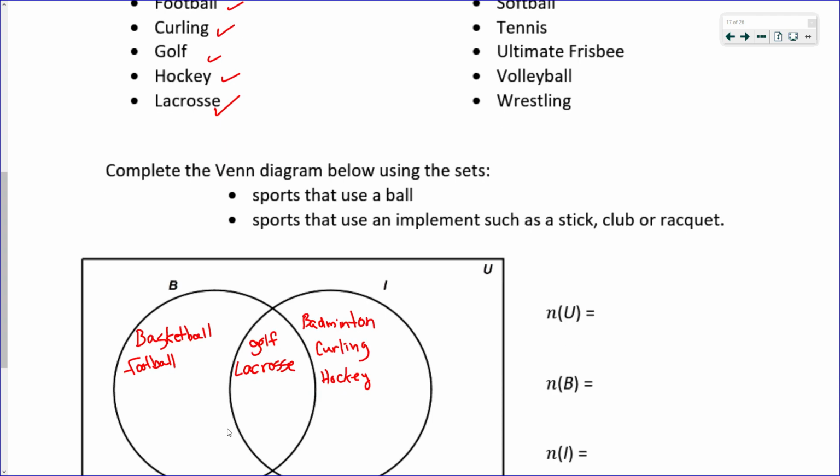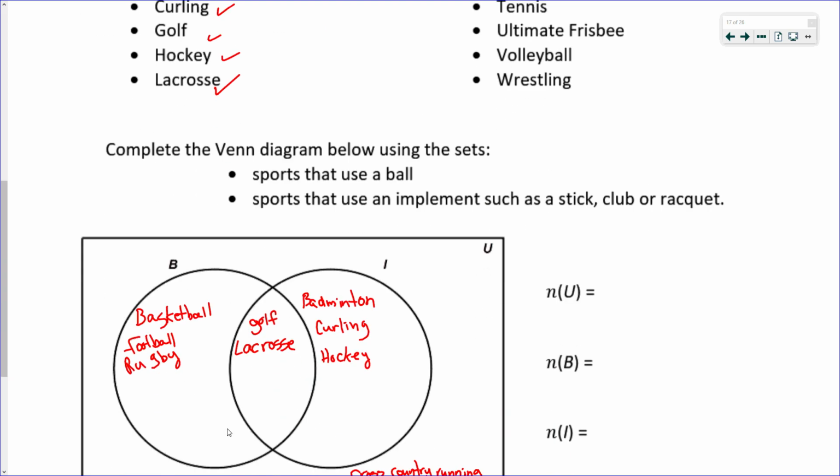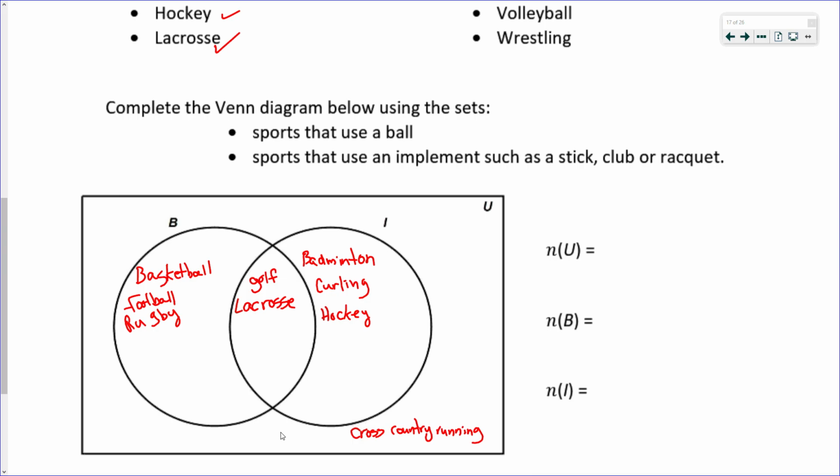We got rugby, which uses a ball. So it goes into B. We got cross-country skiing. I'm going to put that into I for implement, just because it's got its skiing poles.